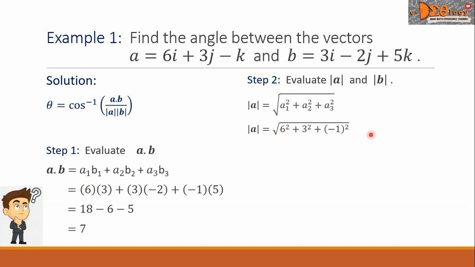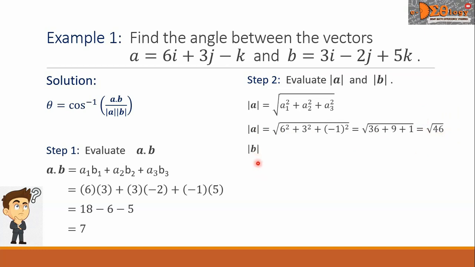Simplifying the corresponding squares, 6 squared is 36, 3 squared is 9, square of negative 1 is positive 1. 36 plus 9 plus 1 is 46. So the length of A is square root of 46.